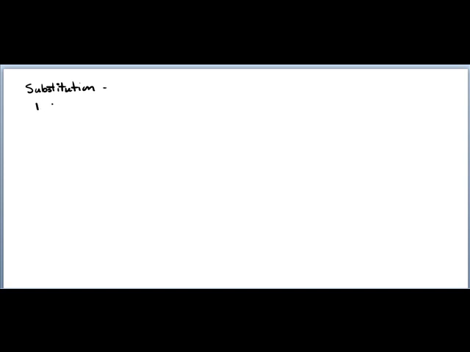The first step is to substitute f for a function within your integral. Now, how do we know what to make f?